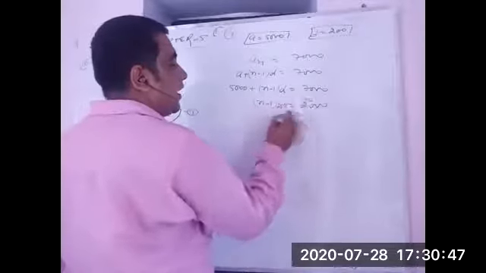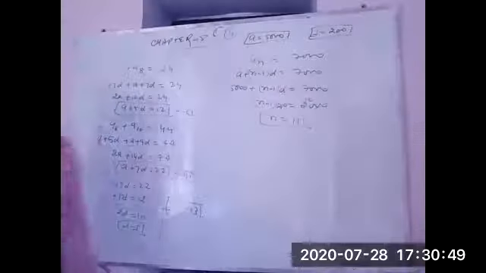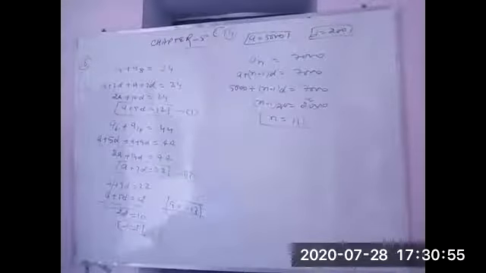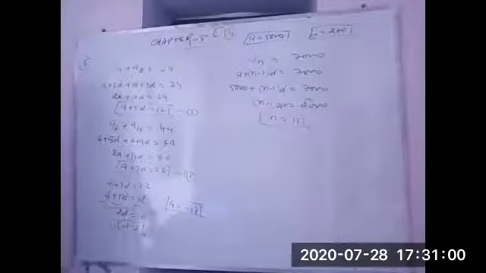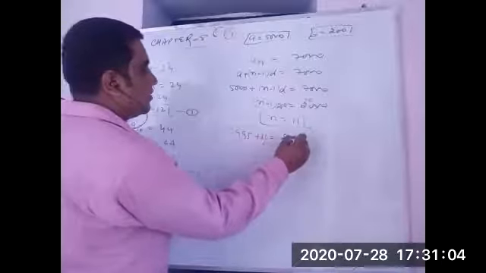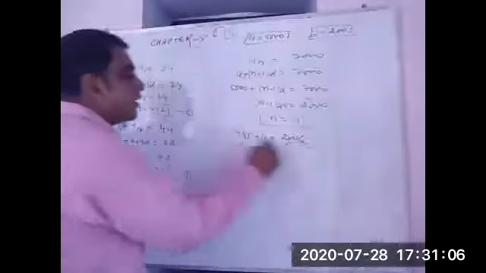What I can say is that after 11 years, her salary will be 7,000 rupees. At present, which year is in progress? 1995. 1995 plus 11 will be 2006. In 2006, she will be getting a salary of 7,000 rupees.